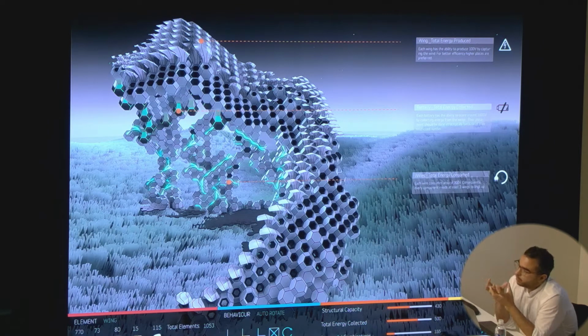So the tiles would represent a form of electrical current, and you would be able to pattern the way the energy was collected, transferred through the bricks of the project, and also stored, right? So you would have some tiles that would operate as batteries, some that would operate just as wires, and some others that would actually harvest the wind, in this case, from these little wings, I guess.